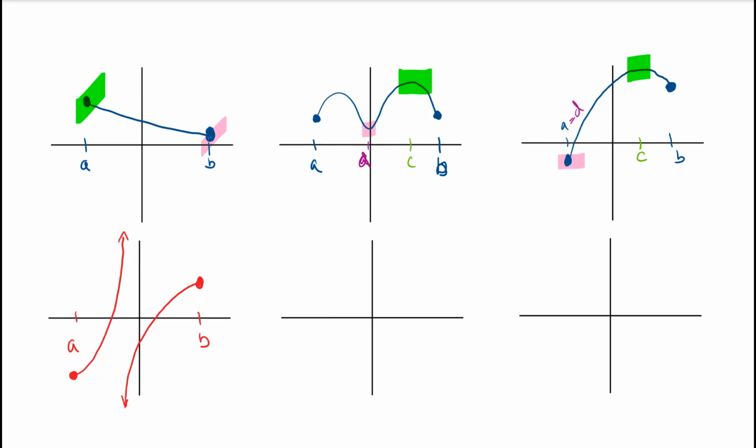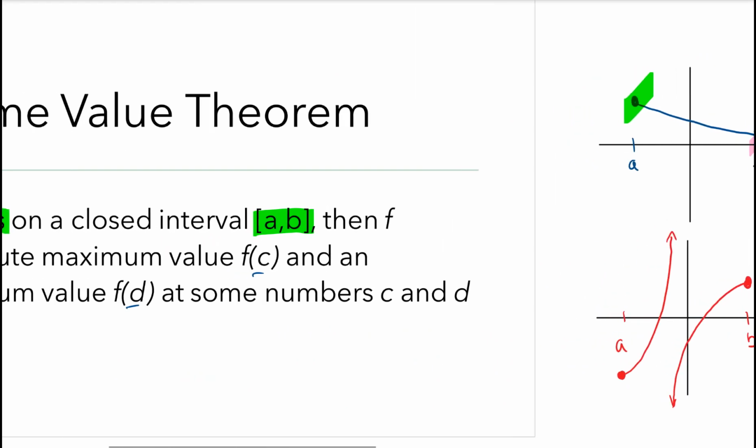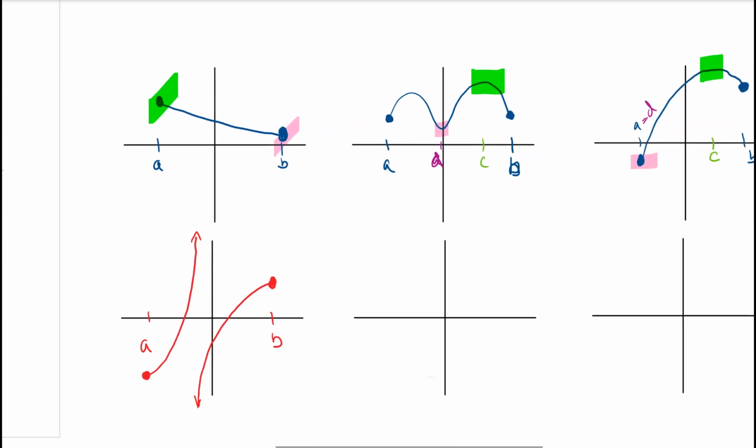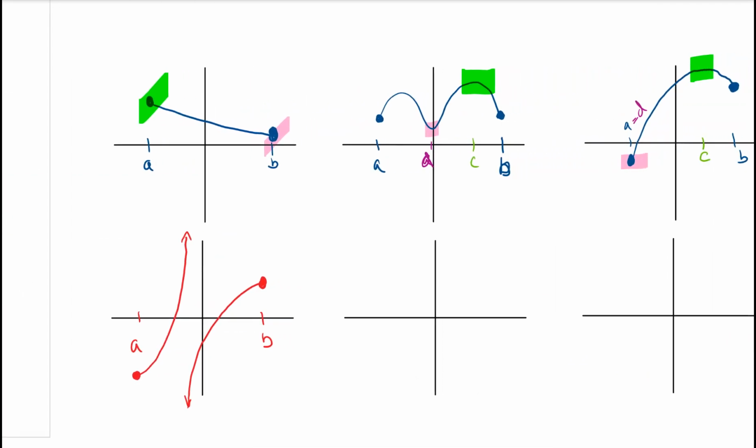What rule did I break? It must be continuous, and it must be on a closed interval for this to work. Those two things. Those are what cover you so you can actually make the statement. They must be true. So right here, it does not work. This is not a case that's going to work.